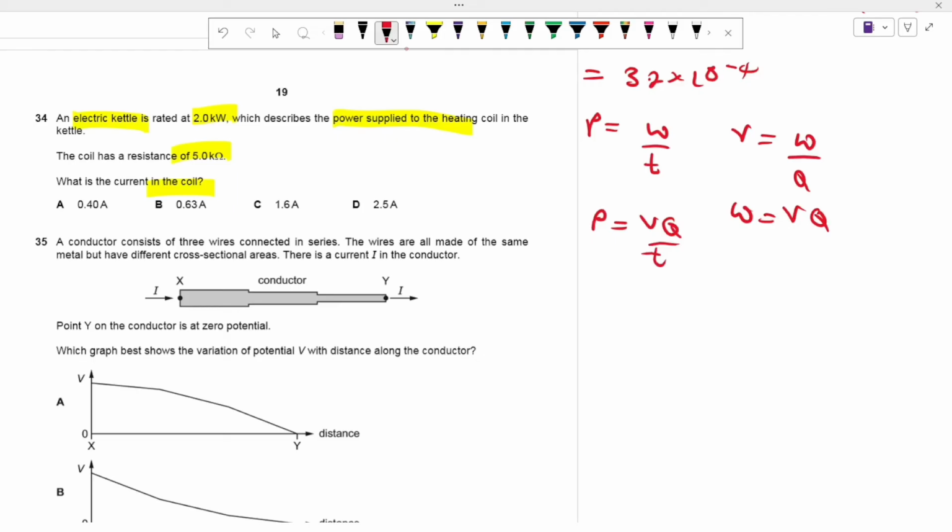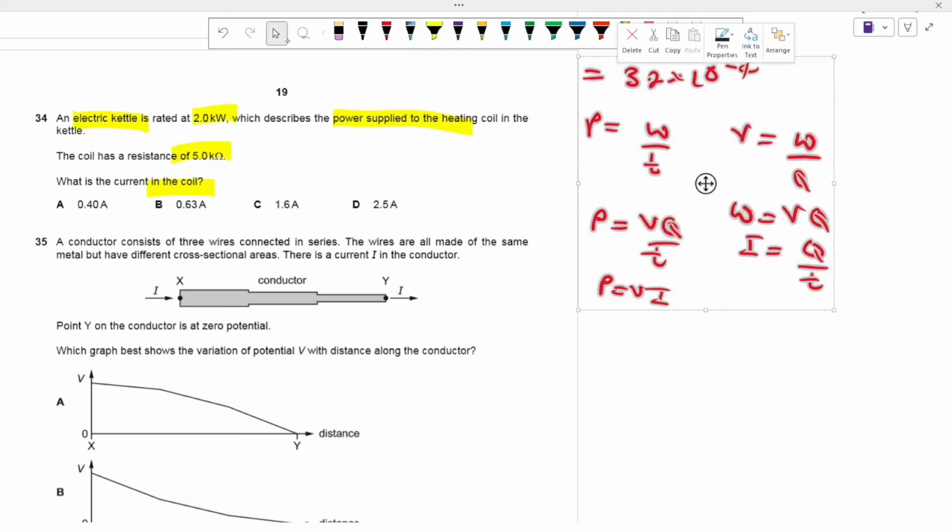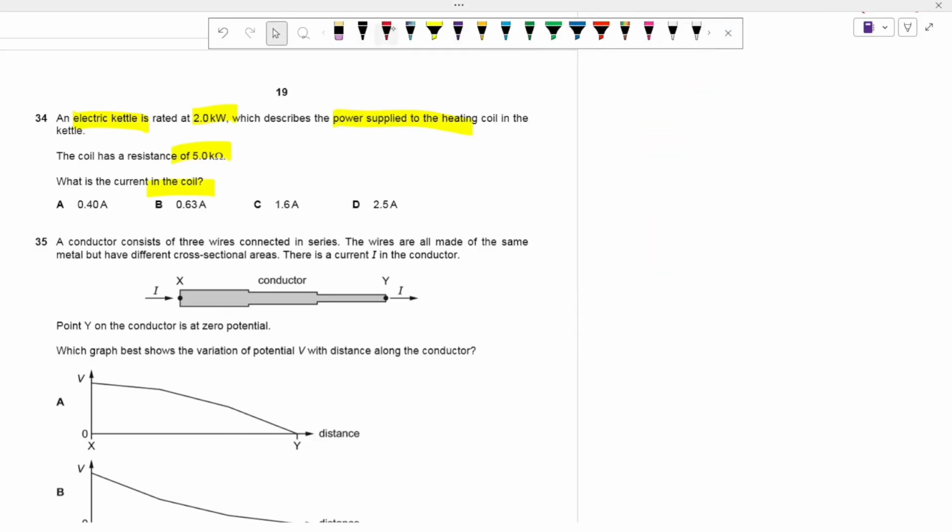But I know that Q is equal to It, so I is equal to Q over t. So P will be equal to VI. Power is equal to your everyday voltage times your current. That's a very, very important deduction that's going to help us whenever we are making calculations.